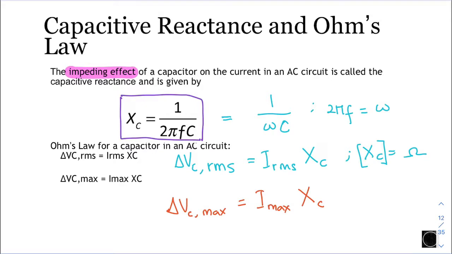The unit of delta VC RMS is volt, and the unit for delta VC maximum is volt as well. But if you want to determine XC, make sure the f is in hertz, or per second, in SI unit, to cancel out the unit with the 2 pi here, because 2 pi f equals omega.